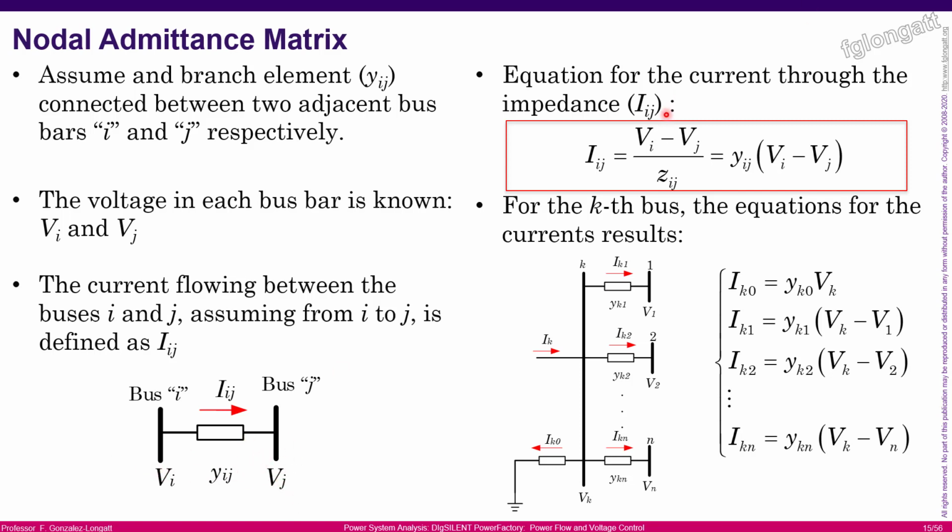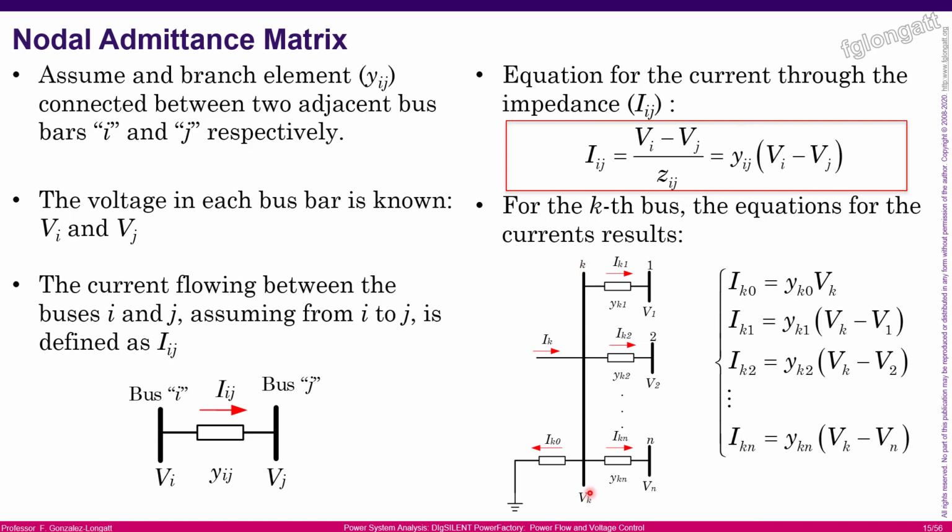Now you must remember from previous circuit analysis, we can define the current moving through this series branch as the voltage difference between the terminals divided by the impedance. You can use admittance and the relationship will look much better, okay? But this is the equation for a single device.